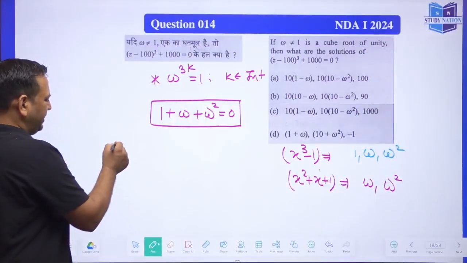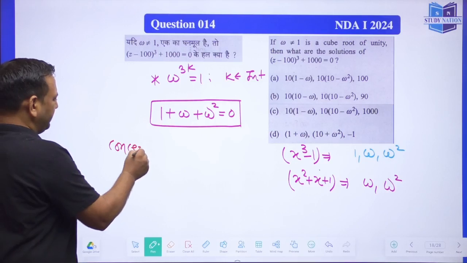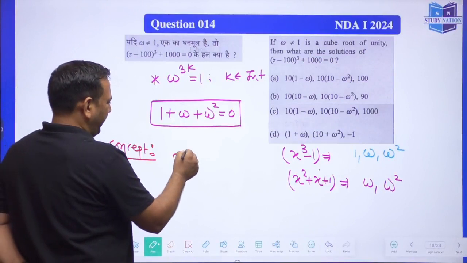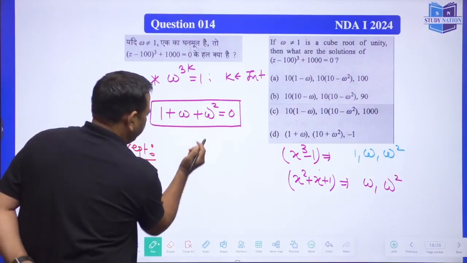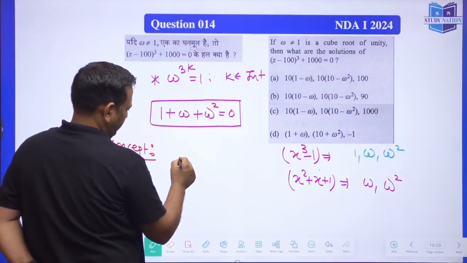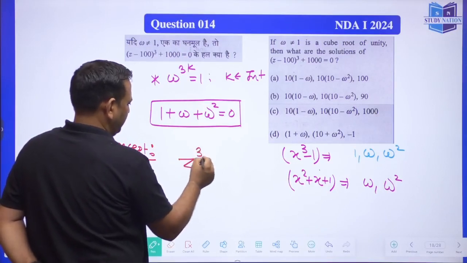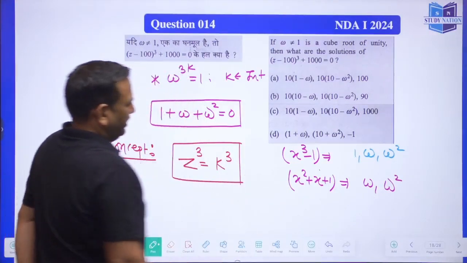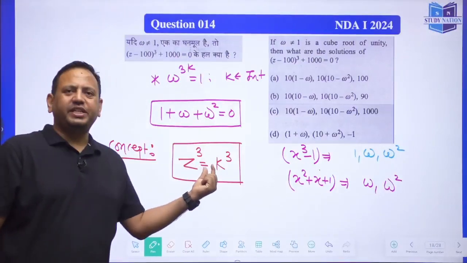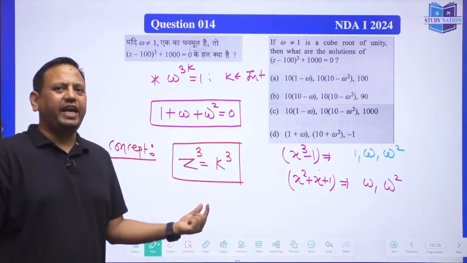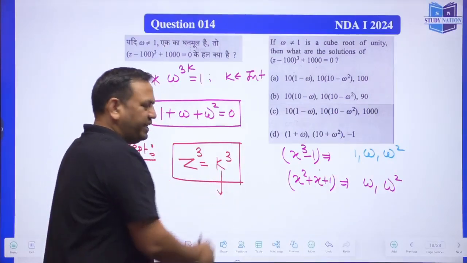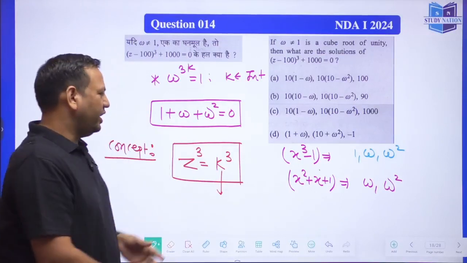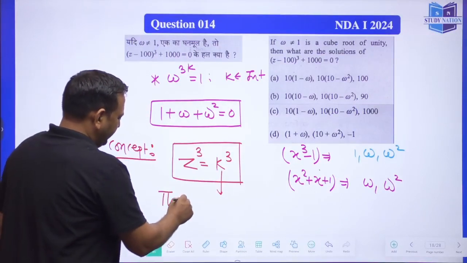Now let me say what concept is used here. Remember everyone, if z cube is equal to k cube, where k is a real value, not an imaginary value, then what are the roots?